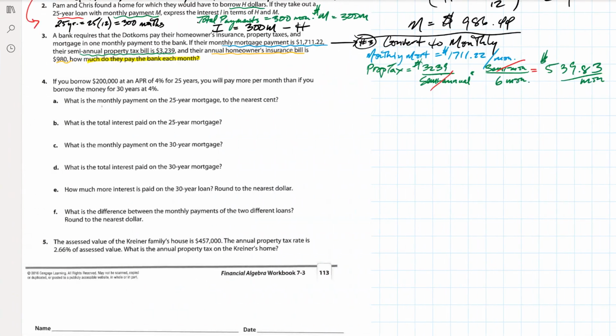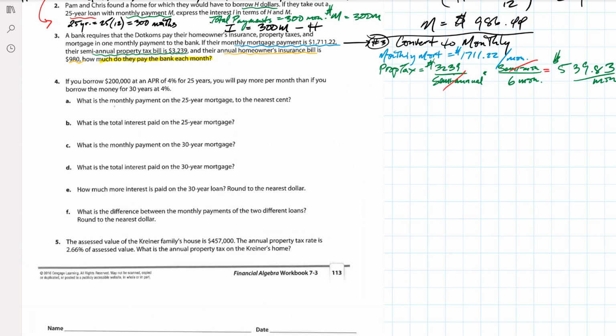Let's go back to the problem. Now you have to calculate the homeowners insurance. It says annual, that's $980 per year. For every year there are 12 months, so I obviously have to divide that by 12 to go to monthly.